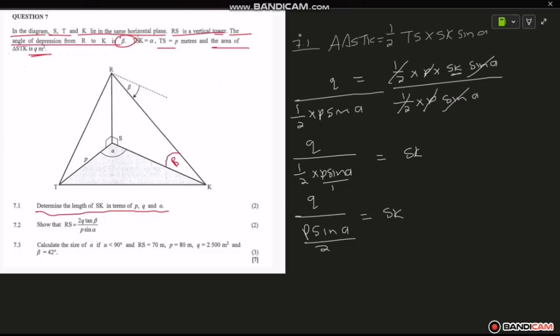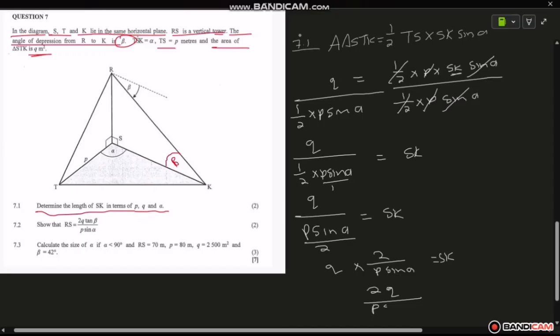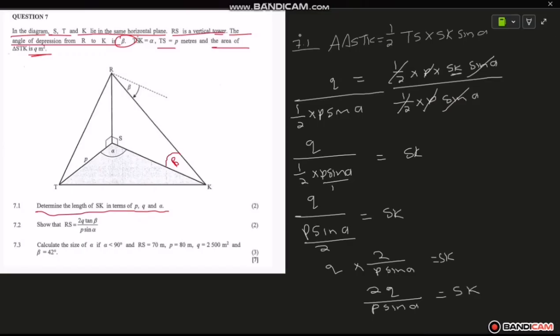Let's reciprocate the denominator. So Q times 2 over P sine A equals SK. Therefore, 2Q over P sine A equals SK. So this is SK in terms of P, Q and A, in triangle STK.